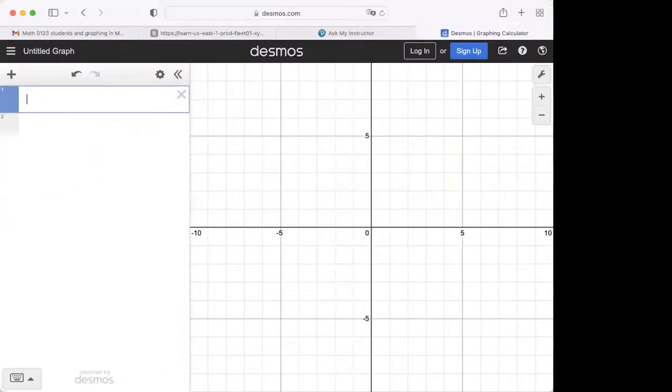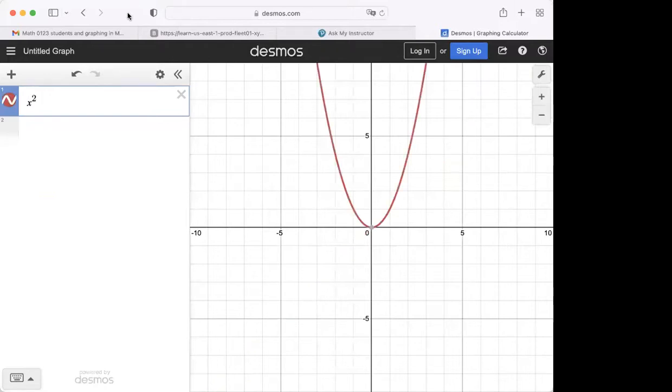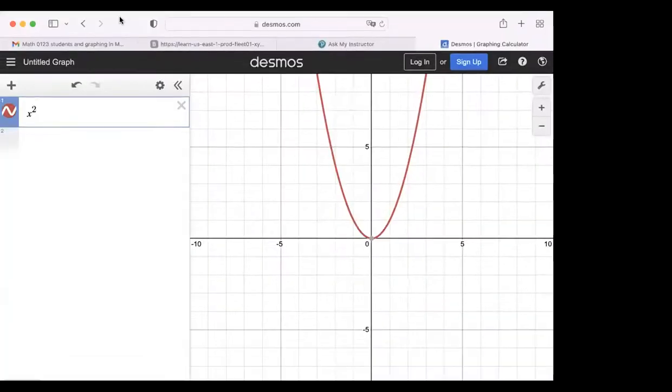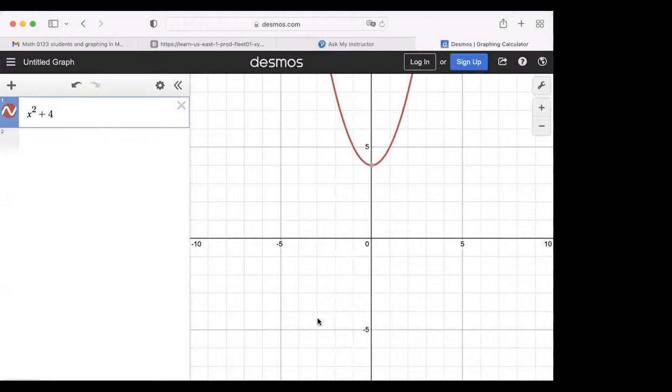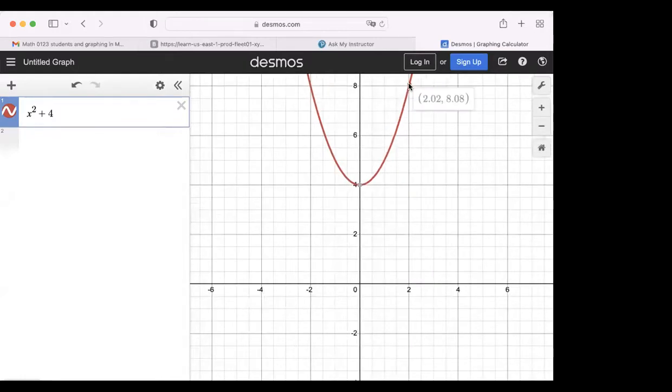We said x squared plus 4 is not a linear equation, okay? Look at what your points might be. 0, 4 would be 1 point, and then 2, 8 would be another point.